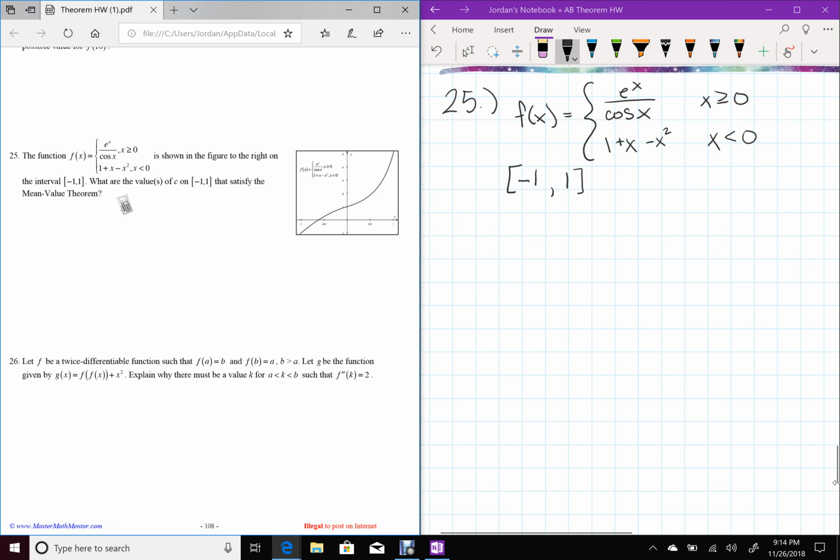So if we're going to look at -1, we have to look at this graph. If we're going to look at 1, we're going to look at this graph.